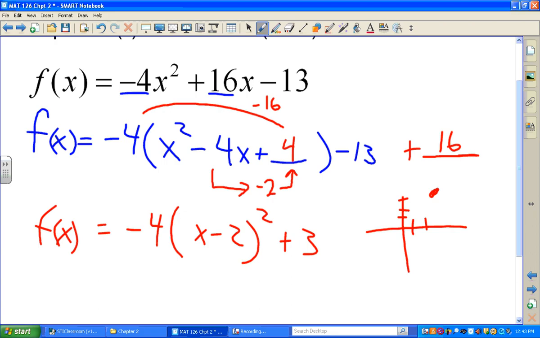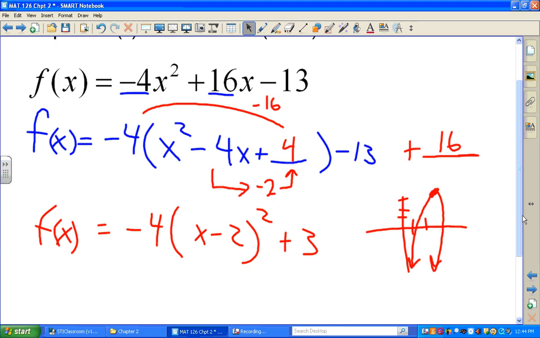Which way is it going to open? Down. Is it going to be skinnier or wider than normal? Skinnier, I think, isn't it? By a factor of 4. Or you could use fancy words like a vertical stretch. Is that fancy? They use something else, don't they? Compressions. Maybe they use stretch. Vertical stretch of a factor of 4.